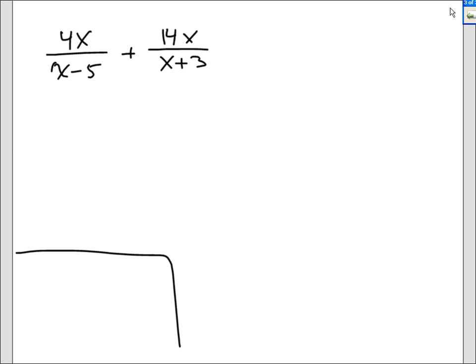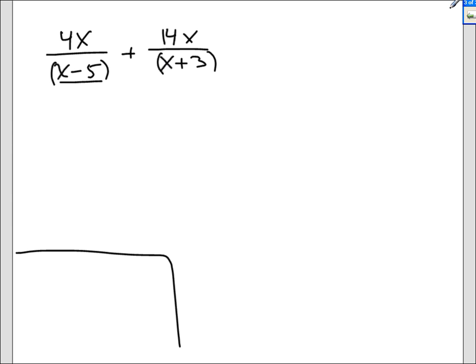The first thing you do is factor the first denominator, which really can't be factored any further. Then you factor the second one, x plus 3, which can't be factored any further. Now that you have all the denominators factored, did you write down x minus 5 in the lower left-hand corner?